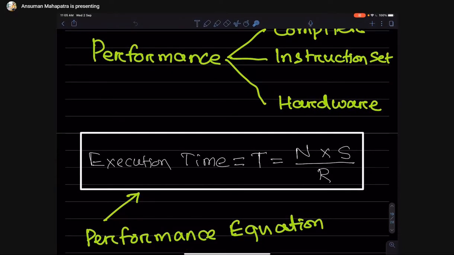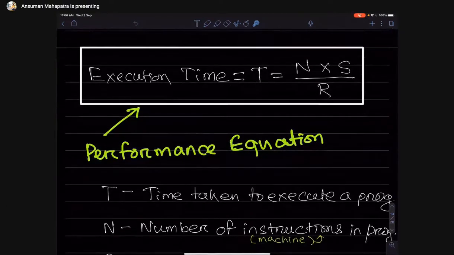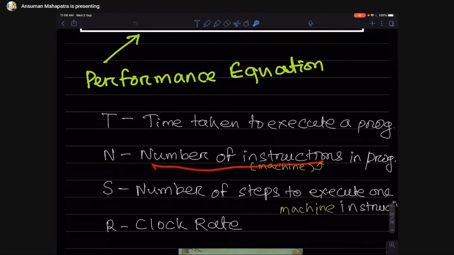The execution time of a program is T = N × S / R. N is the number of lines of code or number of instructions present inside that program, multiplied by S. S is the number of steps to execute a single instruction. N is the number of instructions, S is the steps required to execute a single instruction.